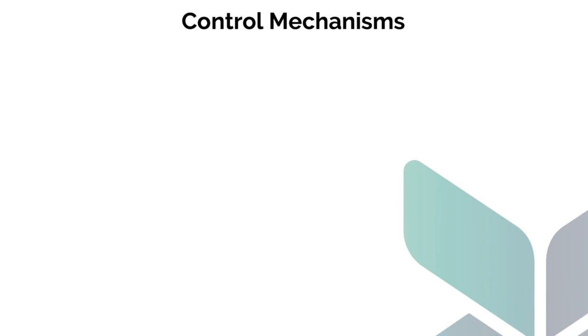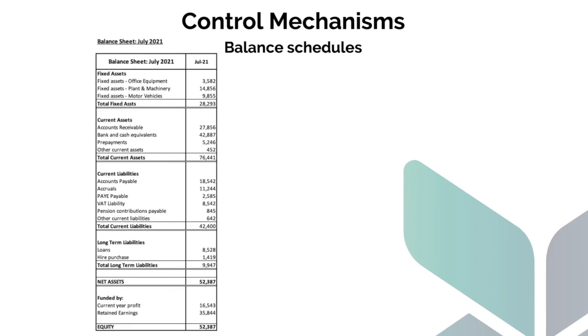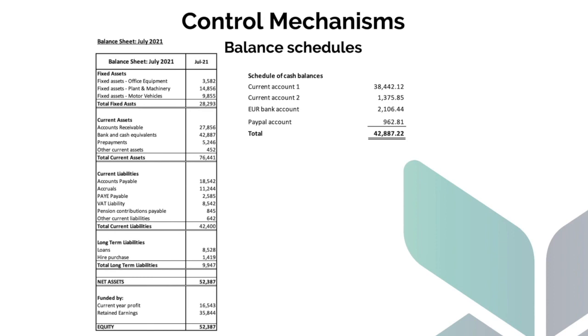For the second point of control, balancing assets and liabilities, the control mechanism is balance schedules. So here's your balance sheet, which is the record of all the balances, all the assets and liabilities that you've captured. Let's look at this in more detail. This is a schedule of all your cash balances. Now this is an internal document, so you can't count this as your independent data.